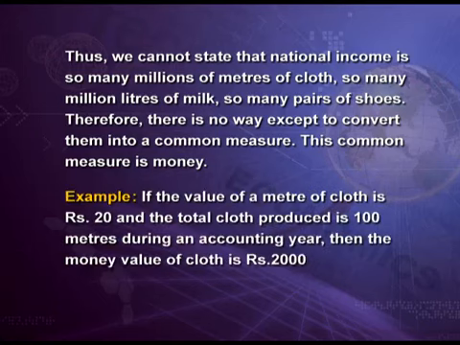For example, if the value of a meter of cloth is rupees 20, that is, cloth is 20 rupees per meter, and the total cloth produced is 100 meters during an accounting year, then the money value of cloth is rupees 2000, that is selling price 20 rupees per meter into quantity meter produced 100, 20 into 100, 2000.